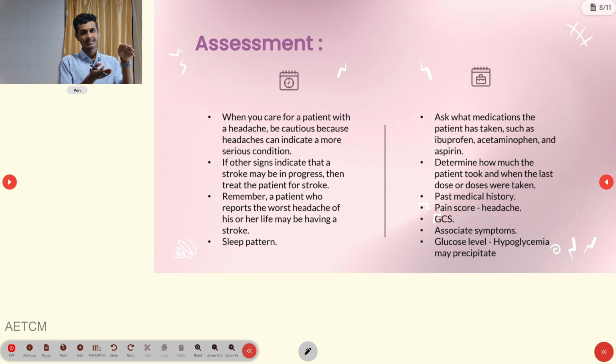It is a minor symptom, but it might be a sign of a major life threat. So while handling a headache case, we should not have tunnel vision that it might be a migraine; it might be some red flag syndrome, some life threat also.